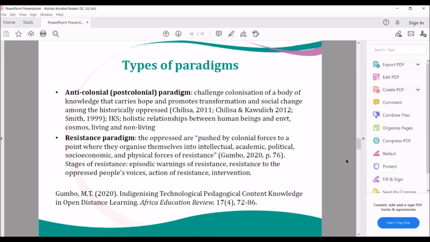And I've used the example of the student unrest there. The stages of this paradigm are episodic warnings of resistance, resistance to the oppressed people's voices, action of resistance, then intervention.